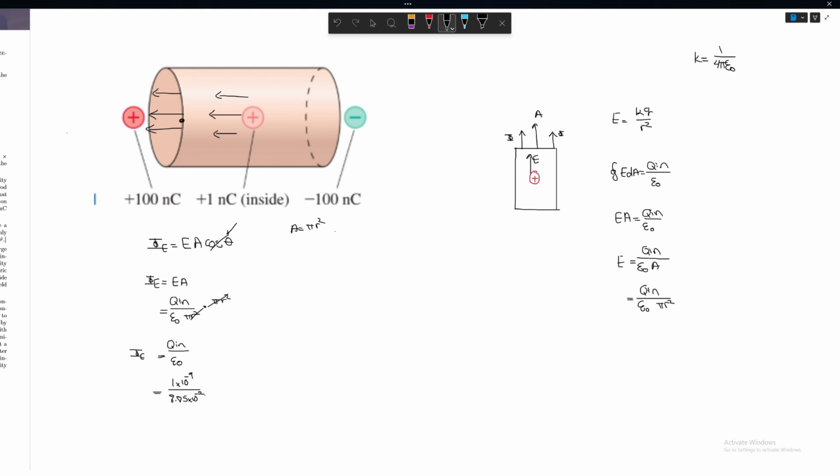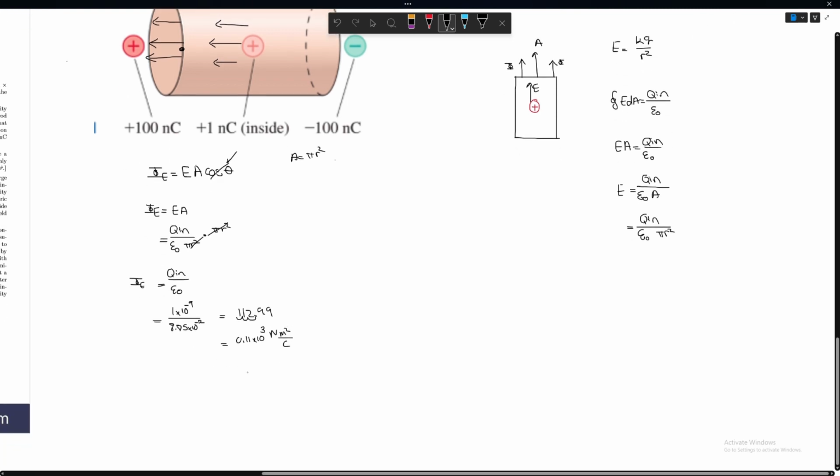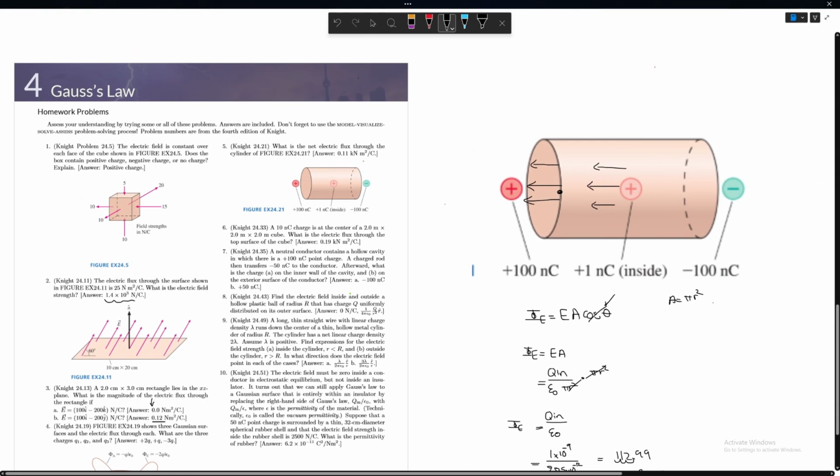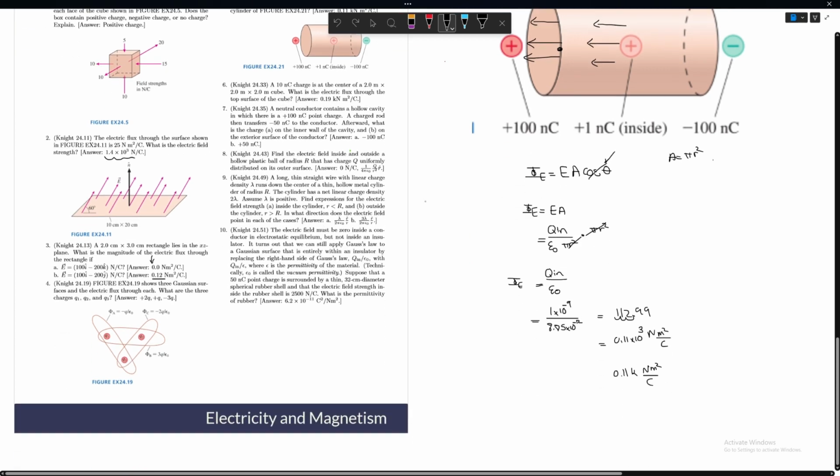And when I do this, what I get is 112.99, which is the same thing as saying 0.11 times 10 to the 3, because 1, 2, 3. Newton meters squared per coulomb. Or I can also say, which their answer was, 0.11 kilo newton meters squared per coulomb. That's just units and conversions, nothing really too special.